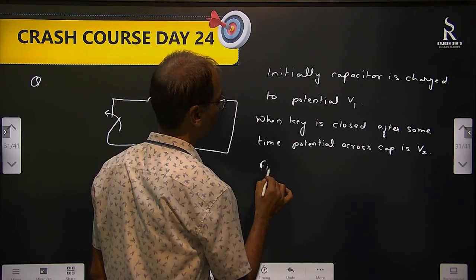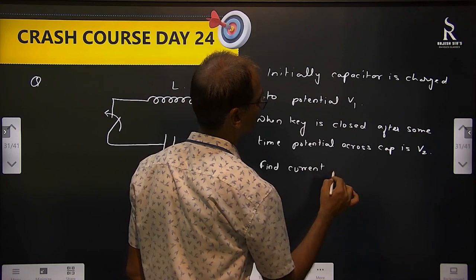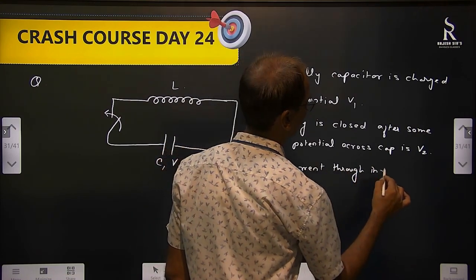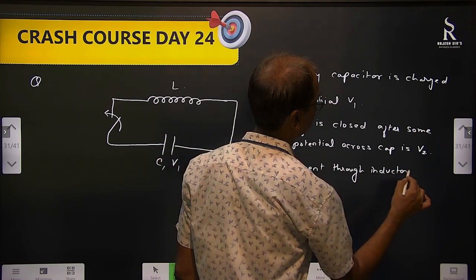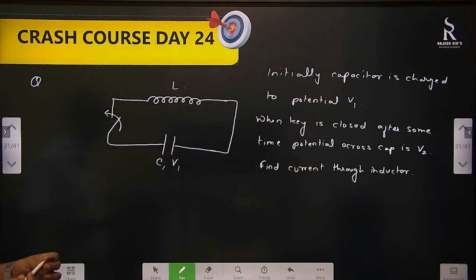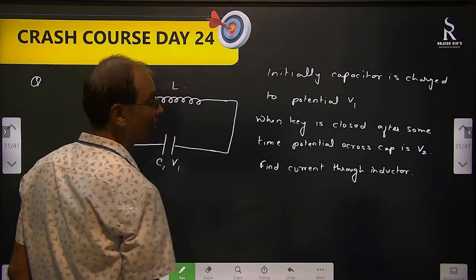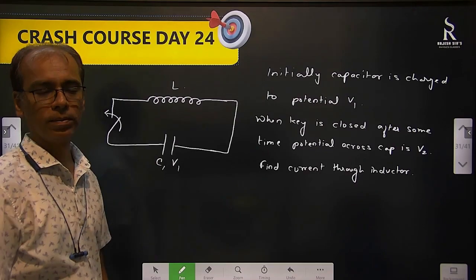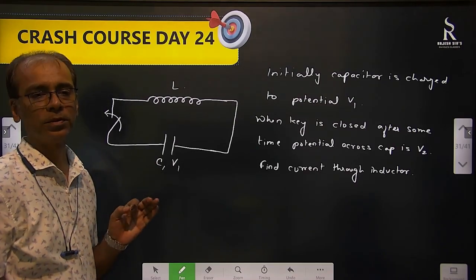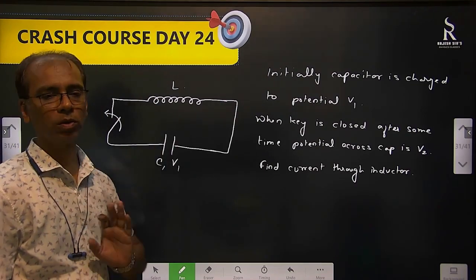Find the current through the inductor. That's the question. If you understand the question, it's very easy. What is easy in this one? Easy is that energy is conserved. Energy is only going to dissipate across a resistor. Across these two, energy is not going to dissipate.